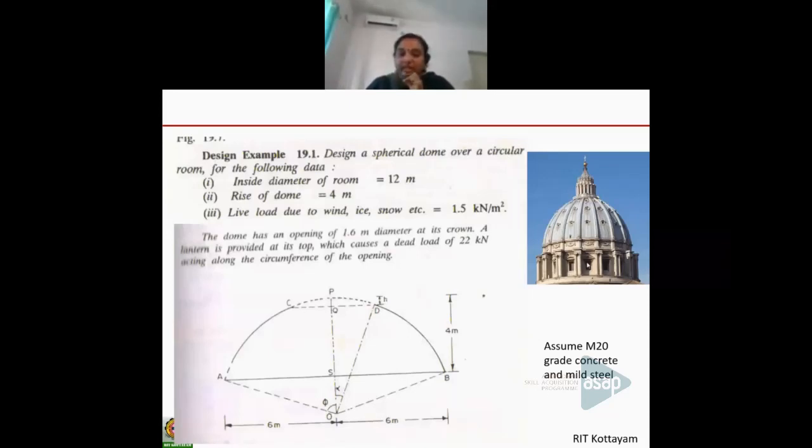So this is the practical thing that you are going to design. You have a circular room like this, having a diameter of 12 meters, and you are supposed to design the roof as a spherical dome, and the top of that is cut, having a diameter of 1.6 meter, and a lantern is fixed like this.